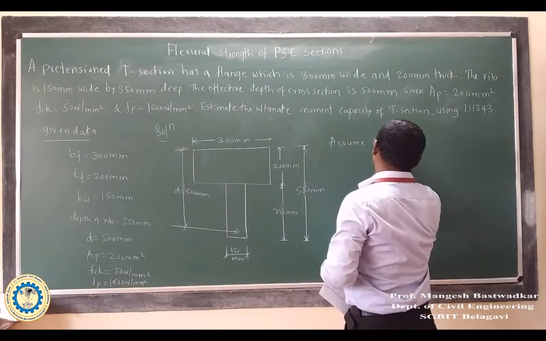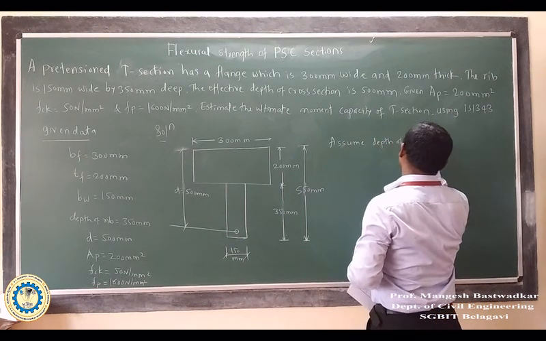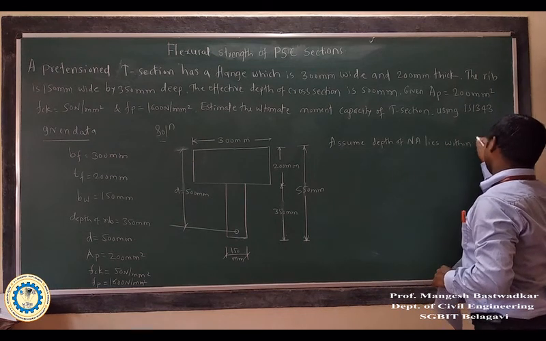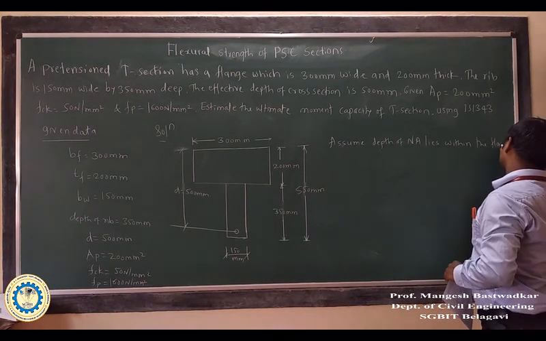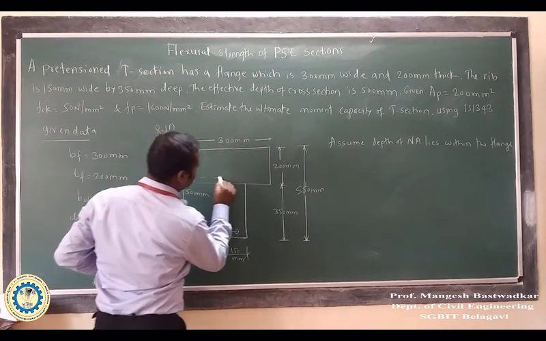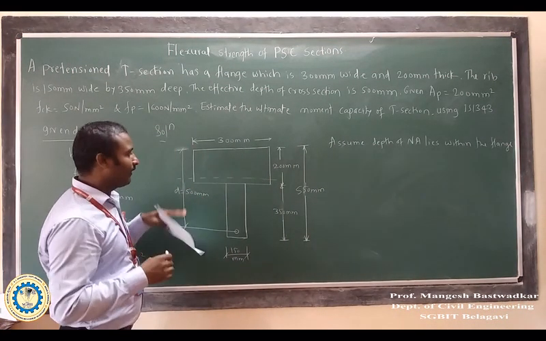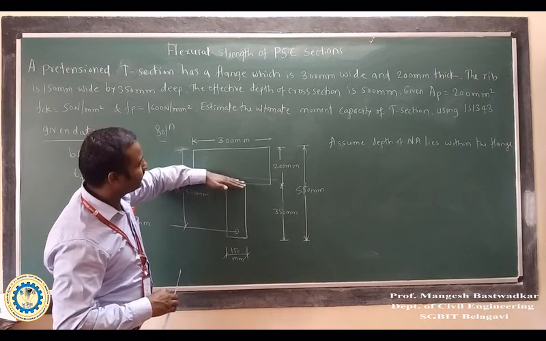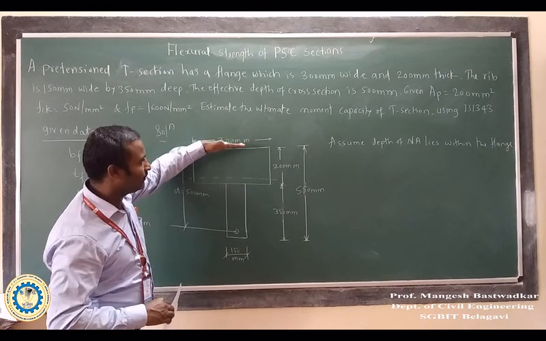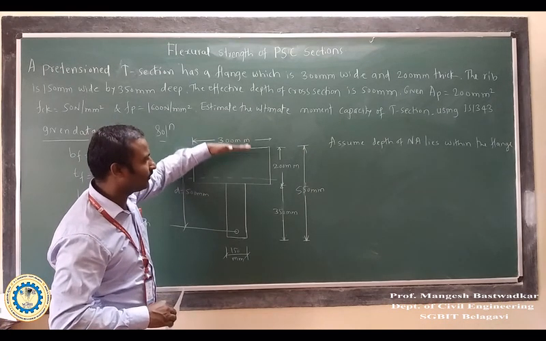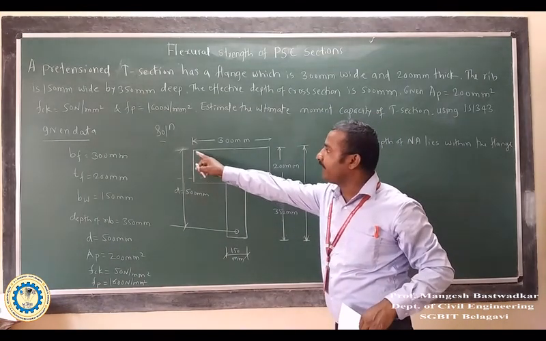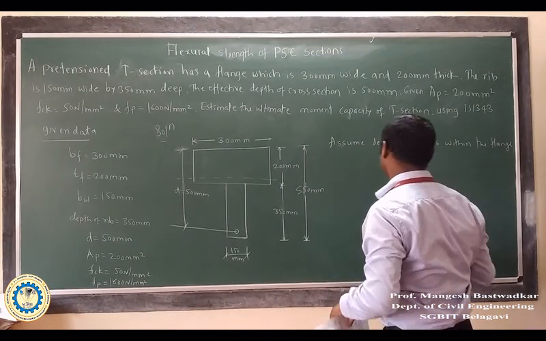Okay, so first we will assume the depth of neutral axis lies within the flange. If the neutral axis lies within the flange, then this area will be in compression. So we have to calculate the effective reinforcement ratio by considering B as the width of the flange.